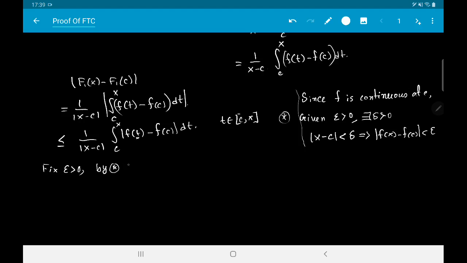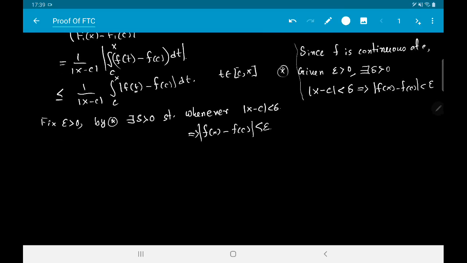By star, there exists delta greater than 0, such that whenever |x minus c| is less than delta, we have |f(x) minus f(c)| less than epsilon. As I said, we are not going to forget this fact that t lies in the interval. So whenever |x minus c| is less than delta, |t minus c| is also going to be less than delta.